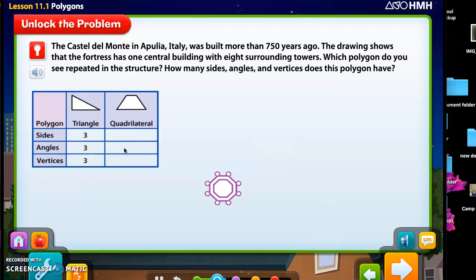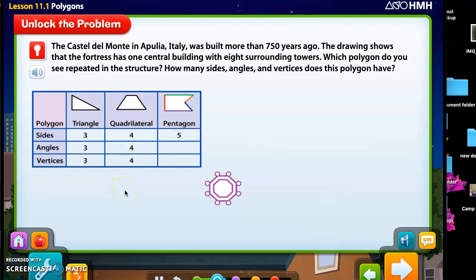The next polygon is a quadrilateral. What are the characteristics of a quadrilateral? A quadrilateral has 4 sides, 4 angles, and 4 vertices. The next polygon is a pentagon. What are the characteristics of a pentagon?